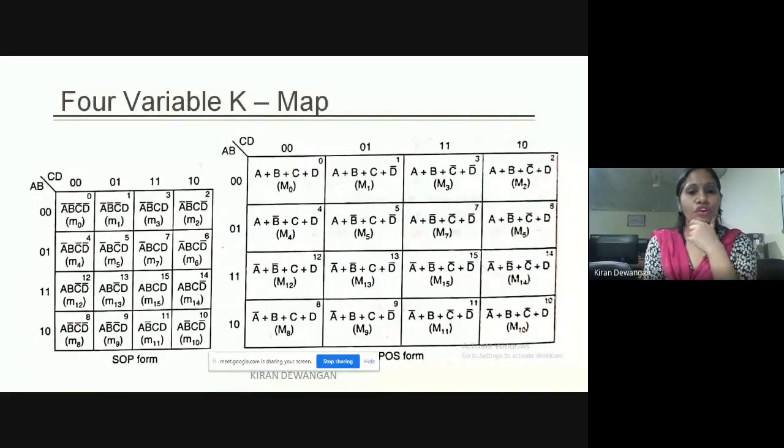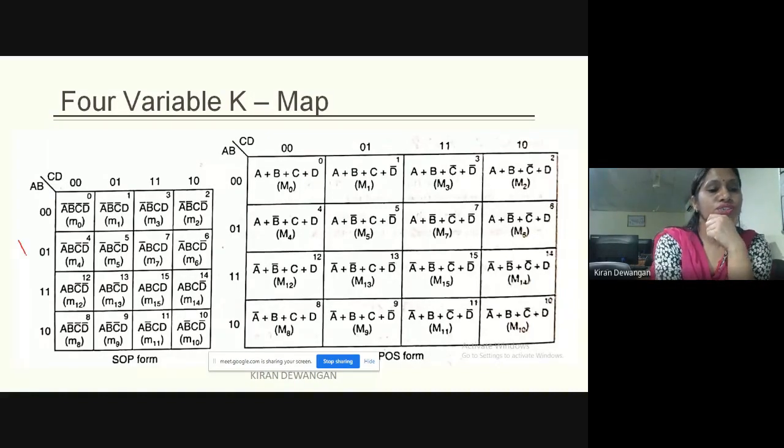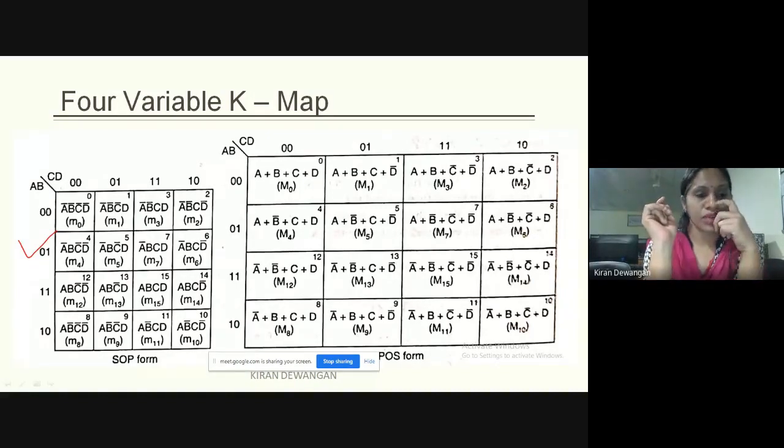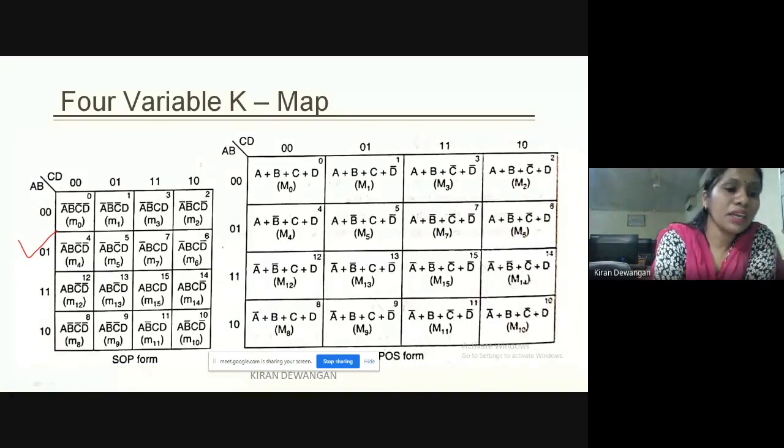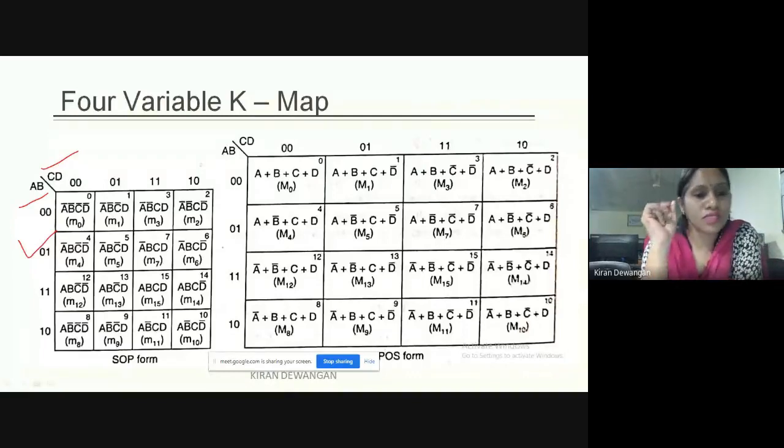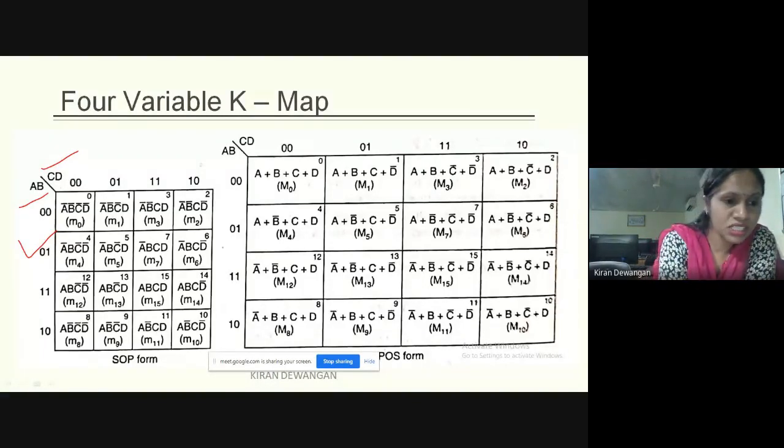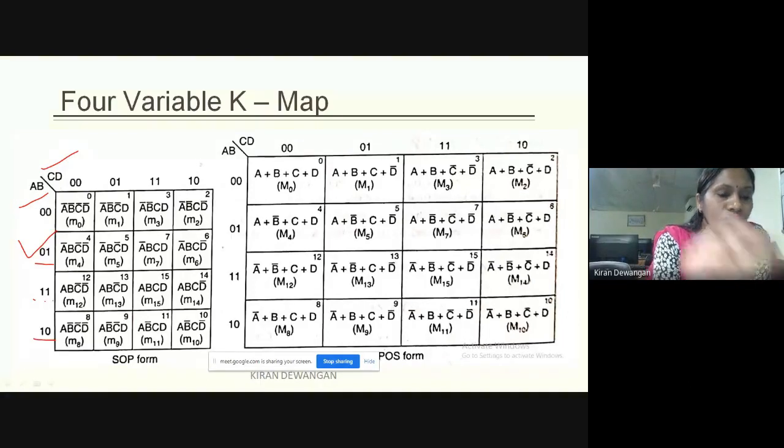Now coming to the 4 variable K-map. In the 4 variable K-map, these are the positions of the min terms. As we have seen, AB will be our rows, CD will be the columns. So AB goes 0 0, 0 1, 1 1 and 1 0.